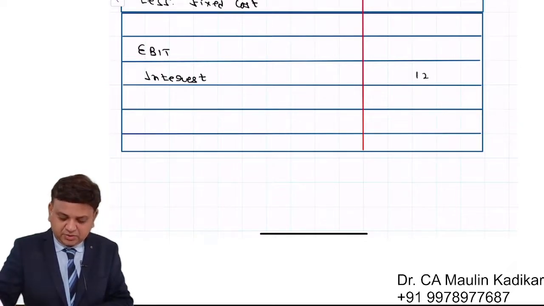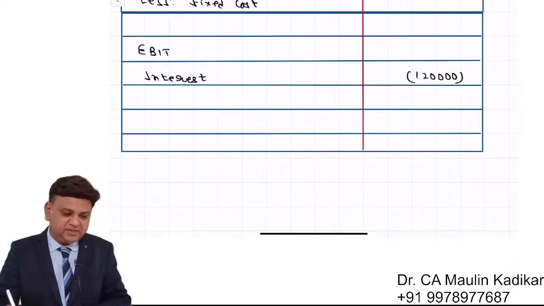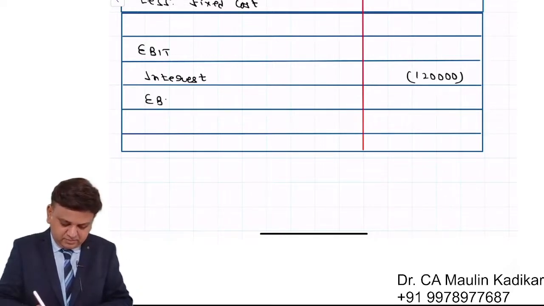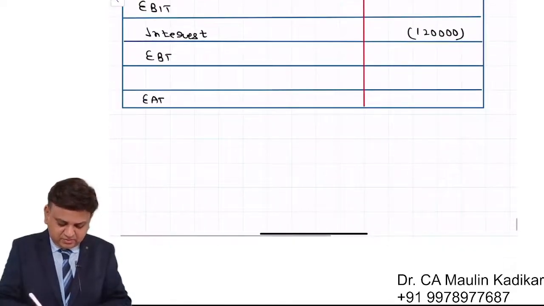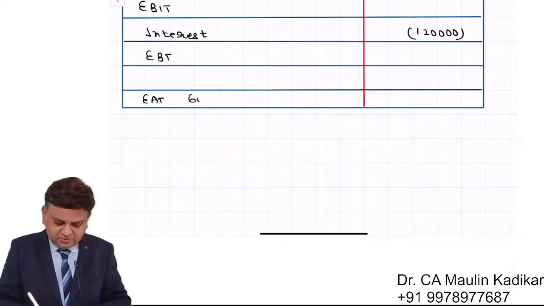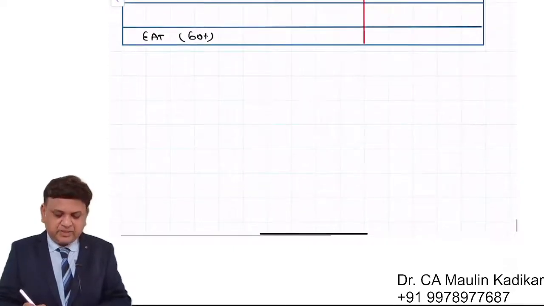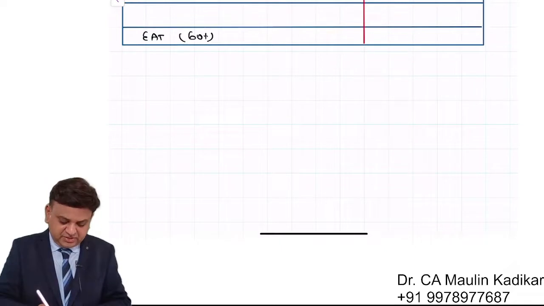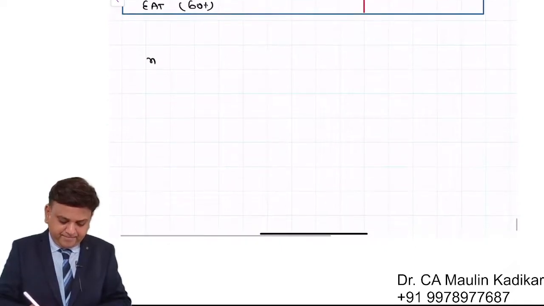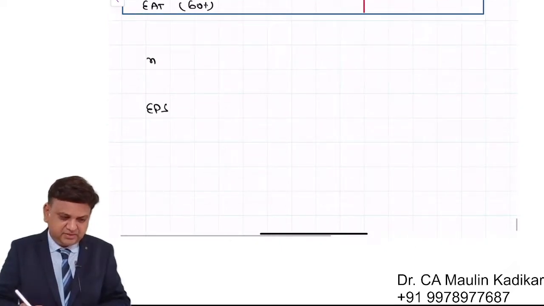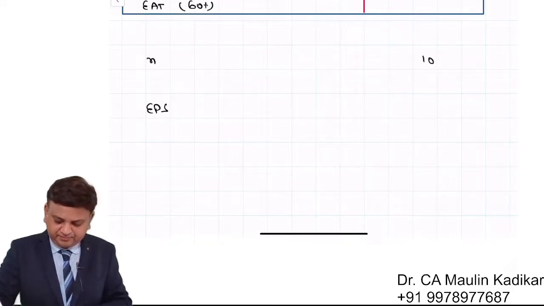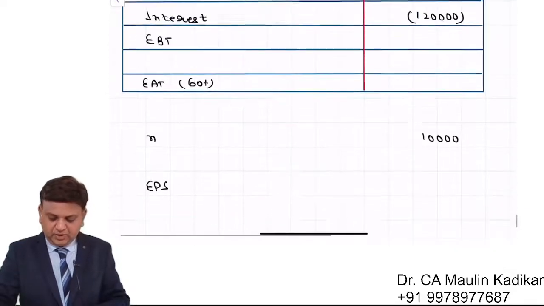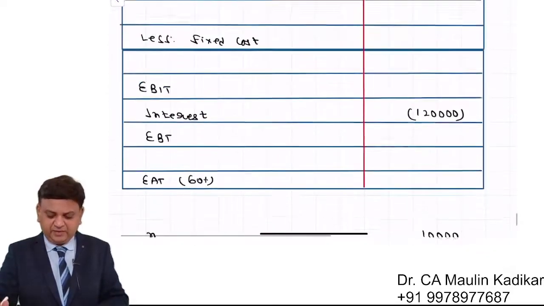Interest is 1,20,000. EBIT minus interest is EBT. Minus tax, that will give the earning after taxes, that is 60 percent. The same will be divided by the number of equity shares, and based on that we get EPS. Number of equity shares provided to us is 10,000. So this is the basic format that we have for the purpose of doing the answer.